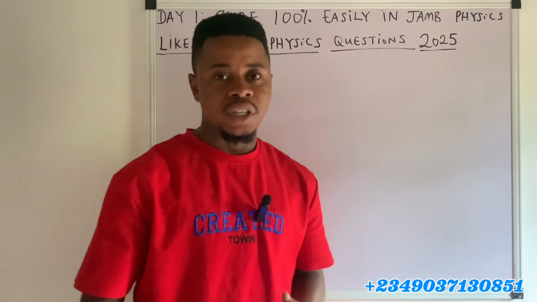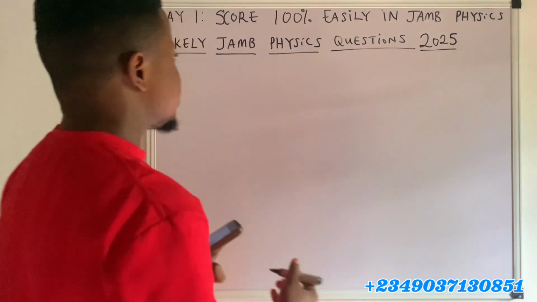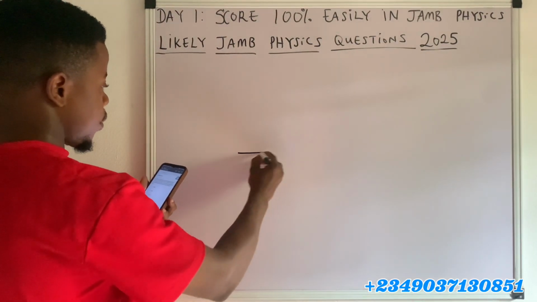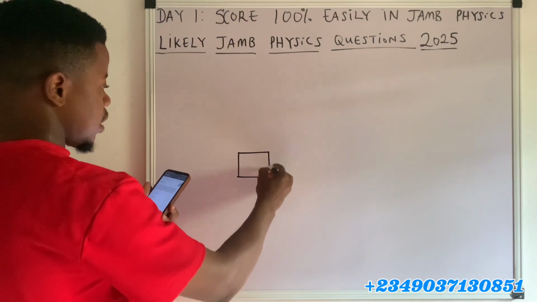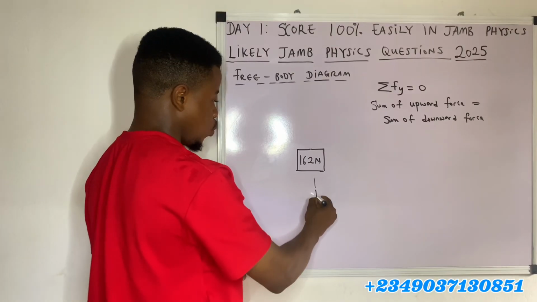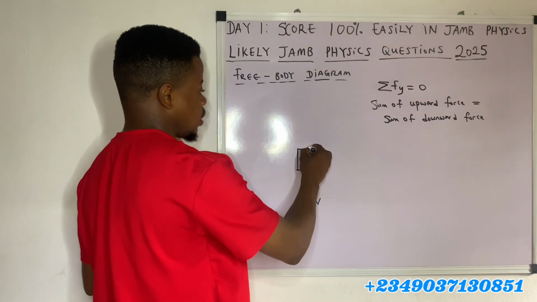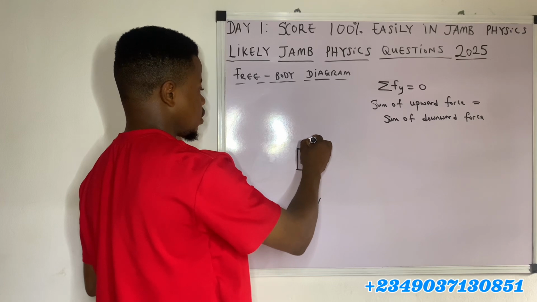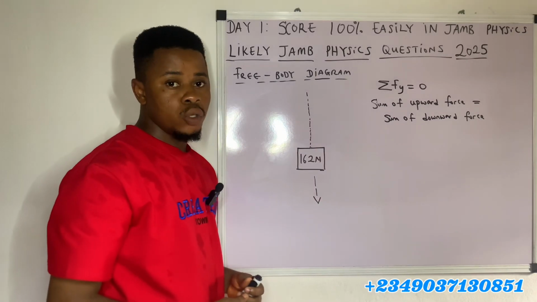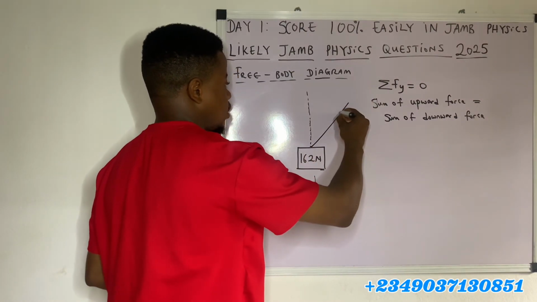So in answering the question, I'm going to draw a free body diagram. All right, now I'm going to assume that this is the bag, and it's 162 Newton. The weight of the bag is acting downward, and this is the vertical plane, but these students are holding the bag each, like this.